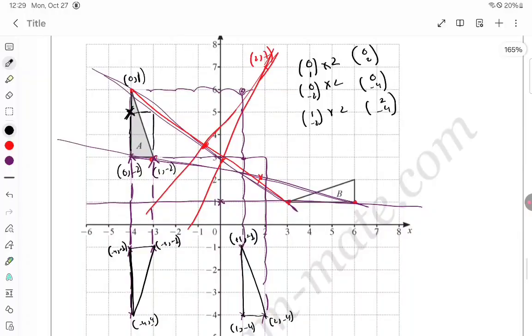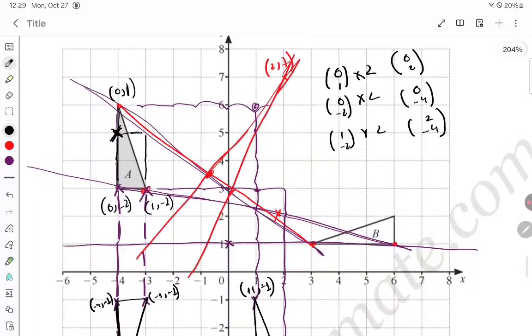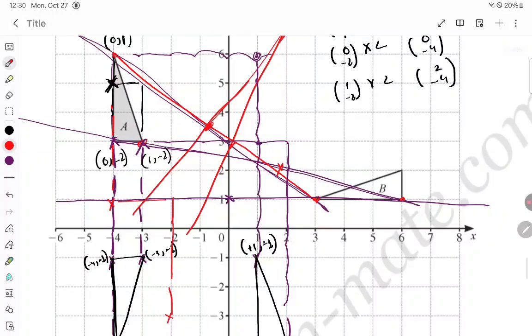This is our first point, 0 comma 2. For 0 comma negative 4, 1, 2, 3, 4 marks another point, and for 2 comma negative 4, 1, 2, negative of 4, 1, 2, 3, 4. So from here 1, 2, 1, 2, 3, 4.